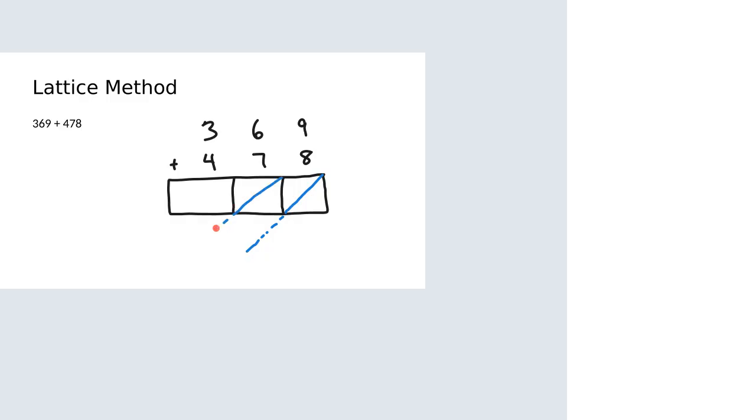Cut this in half and extend that line down. Cut this in half and extend that line down. And that's how this is the lattice method. We've created this lattice here that we're going to use as we add these numbers. And what's cool about the lattice method is it takes care of the carrying for you because we drew it this way. Here's what I mean, and here's how it works.